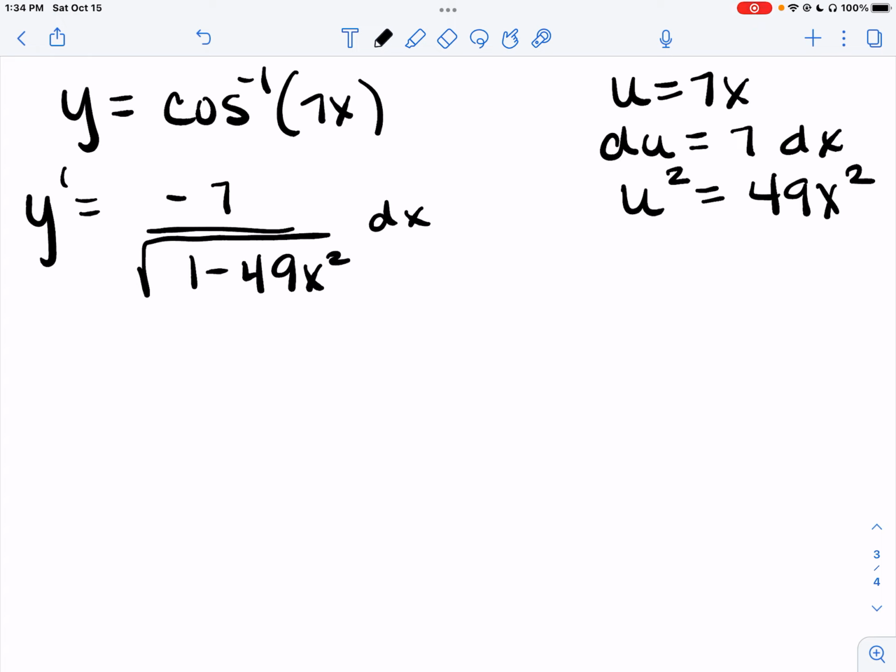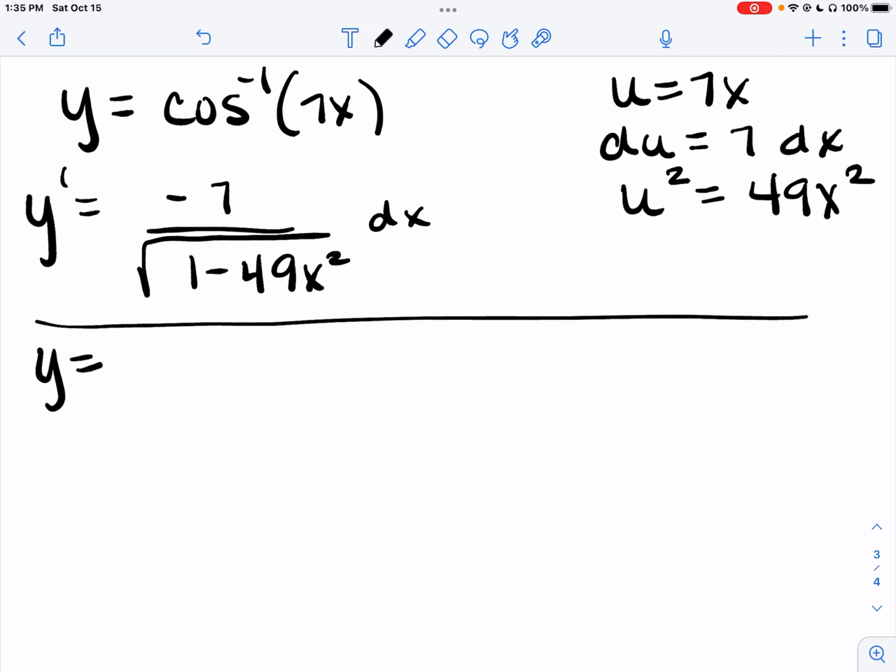Okay, you do negative du and 1 minus u squared. Okay, the u, du, and u squared are the same.